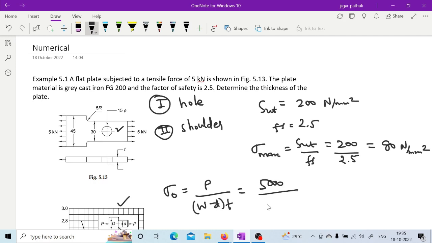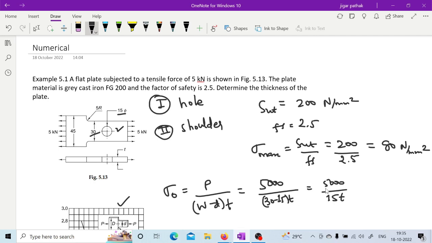W is the width, that is 30, and d is the diameter, that is 15. So W minus d is 15, into t. Sigma naught will then be 5000 by 15t.